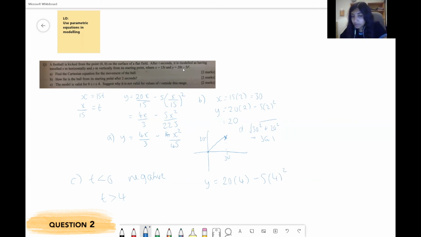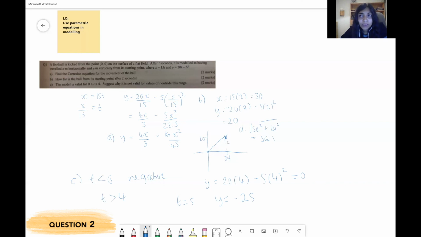So that would just be 80 minus 5 times 16, which is just 0. So if you increase t, let's try t equals 5, then you would get 20 times 5 minus 5 times 5 squared, and y would just equal minus 25, and that's a negative number.